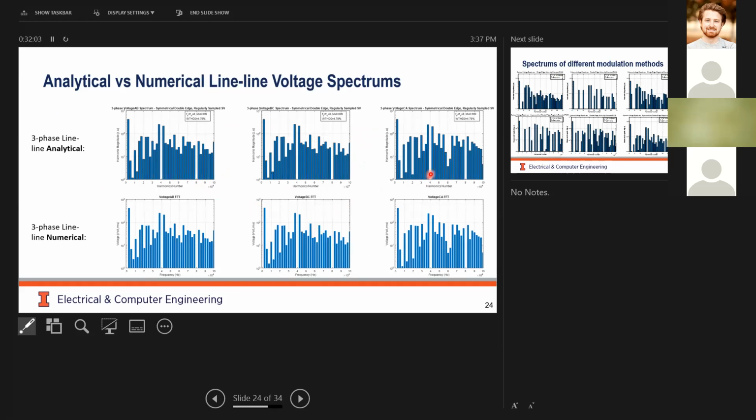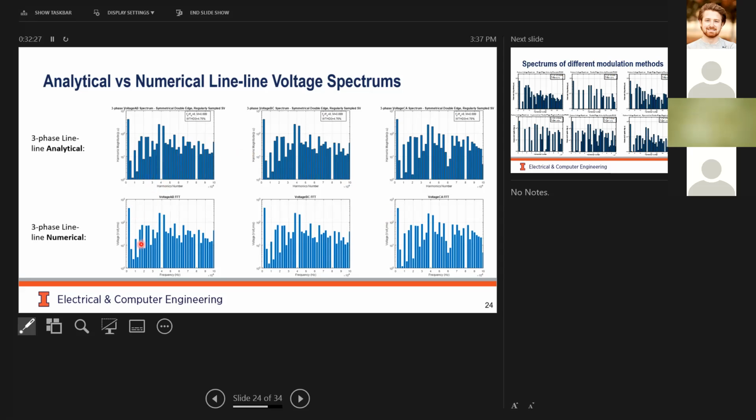This shows that the analytical way of predicting the voltage matches very well with numerical simulations. It also matches the experimental waveforms, but I do not include them here.